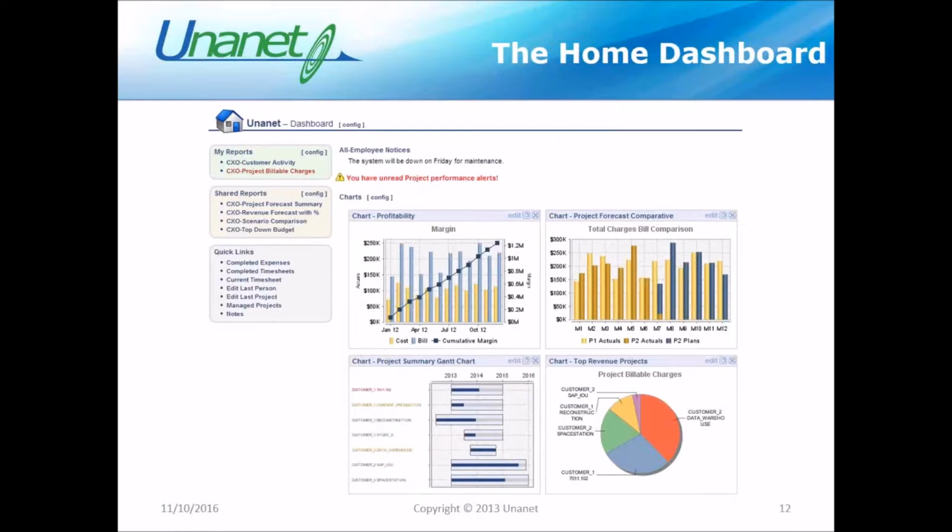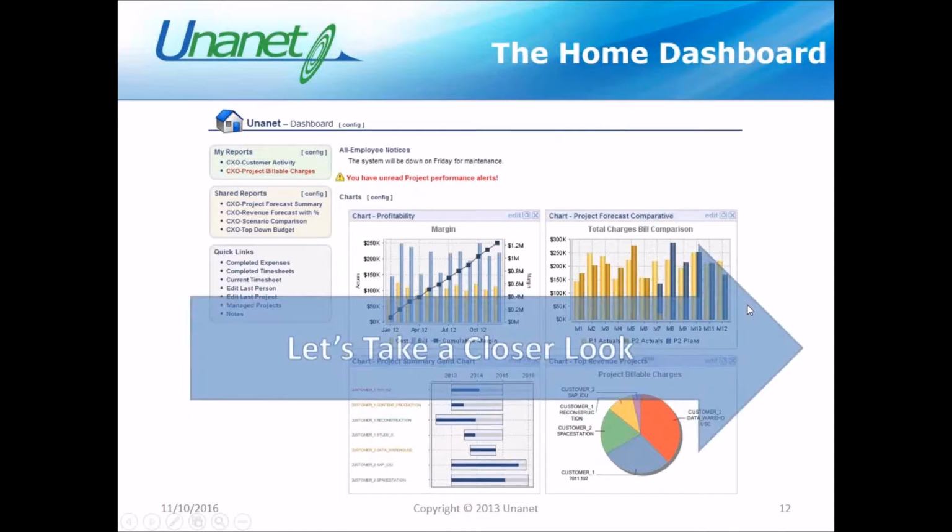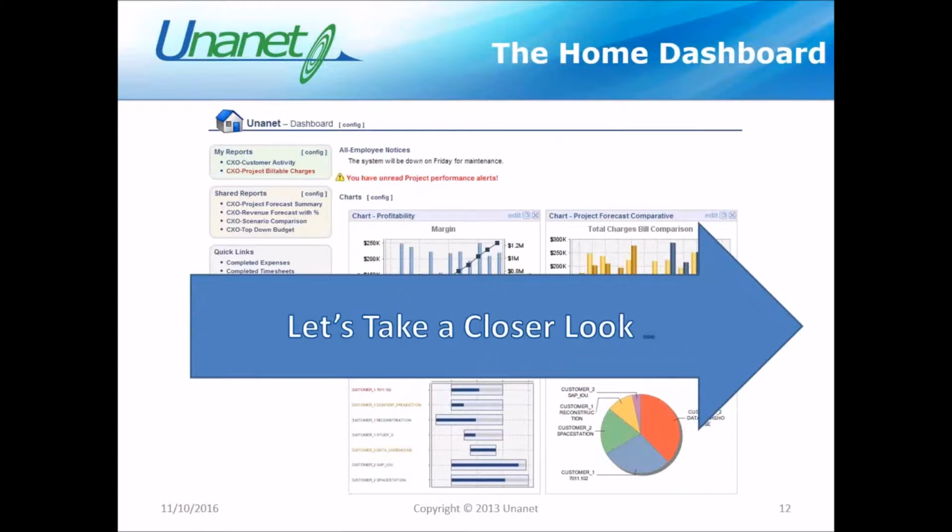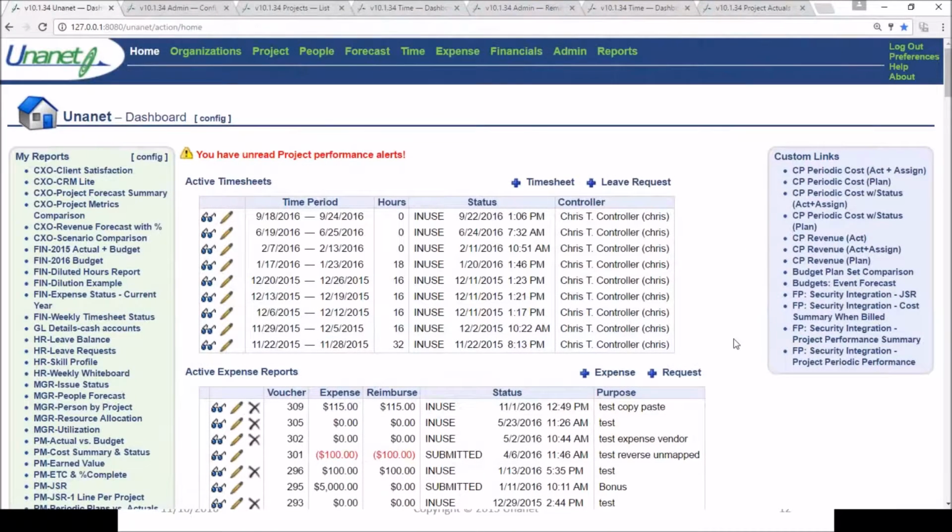Okay, so that was a lot of talking and slides, but I'd like to go into my demo system and show this all more in real time, what it's going to look like in your Unanet system. So let's take a look there. Okay, so this is kind of a busy screen. This is my demo system, so there's a lot going on.